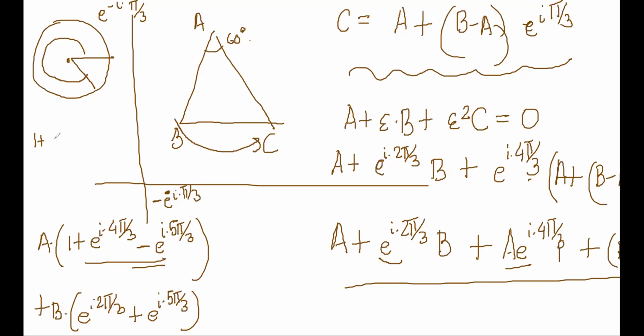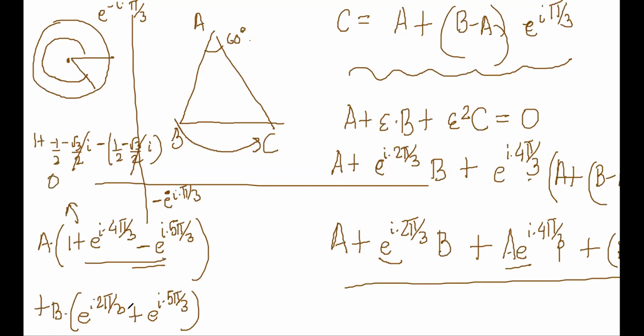Cos 4π/3 is coming out to be negative half minus root 3 by 2 i, and minus of minus π/3, minus of this is half minus root 3 by 2 i. So this becomes plus root 3 by 2 i, which cancels. This becomes minus half, this becomes 0.